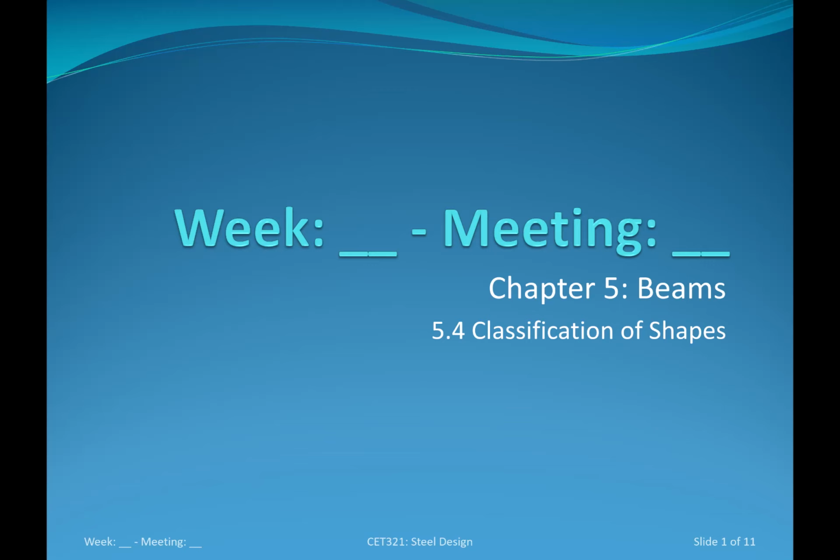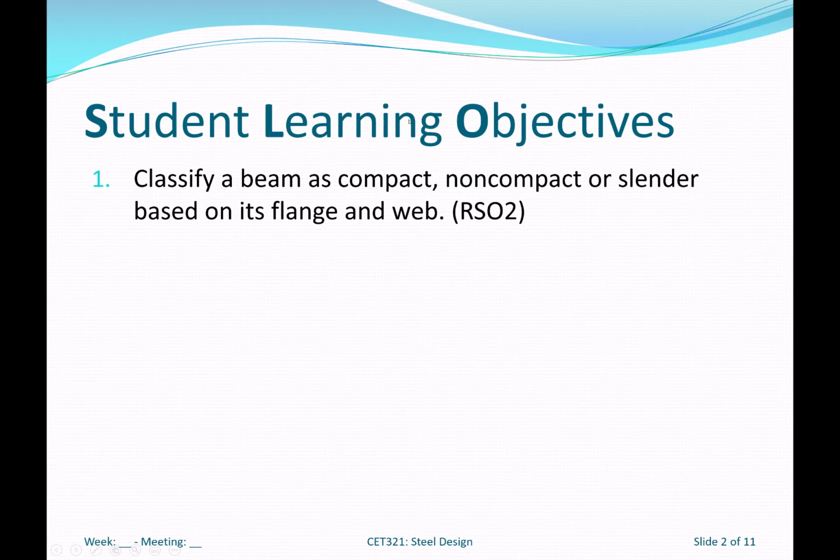With beams, it's pretty much the same process, except instead of just one limit to check, we have two, because we could have compact, non-compact, or slender elements within a shape.